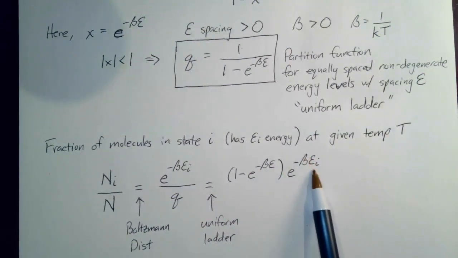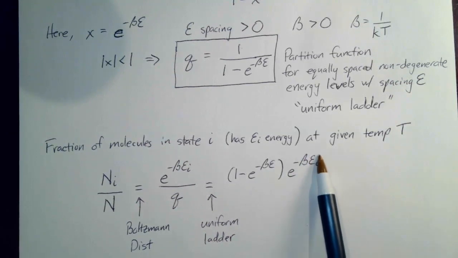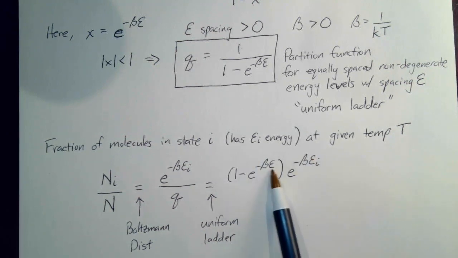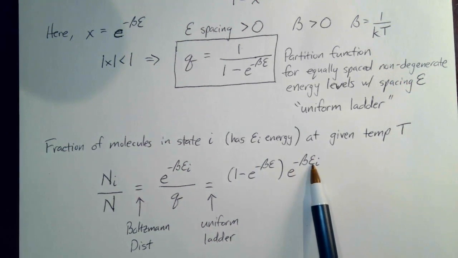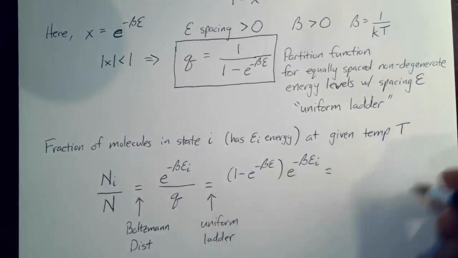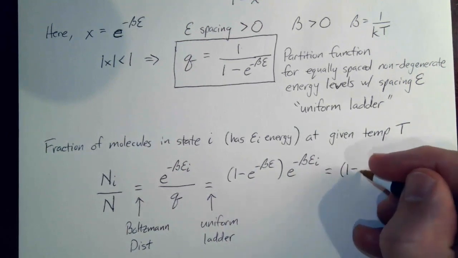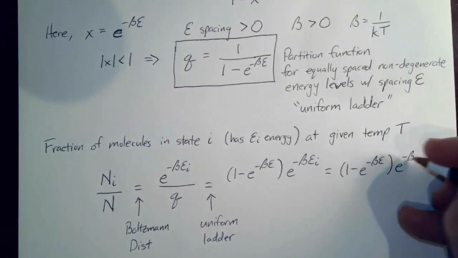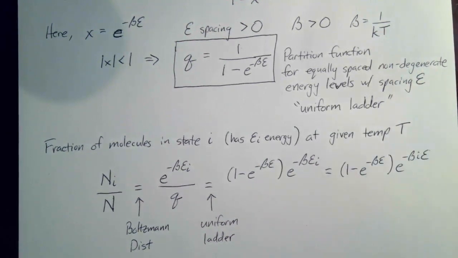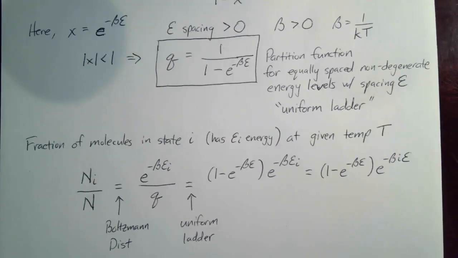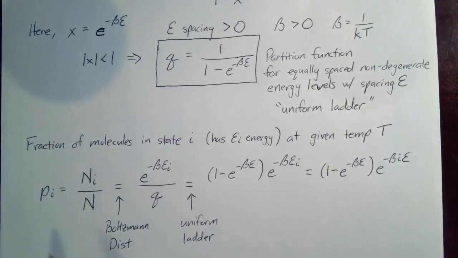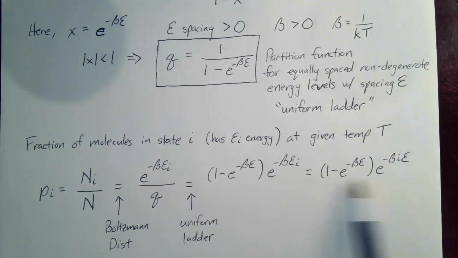Because this is the energy of the ith state, whereas this is the spacing between levels. And actually, I can rewrite epsilon i as i times epsilon, like I did in the previous page. And this is what we call p_i, the probability that you'll find a molecule in state i, given by this for the uniform ladder.